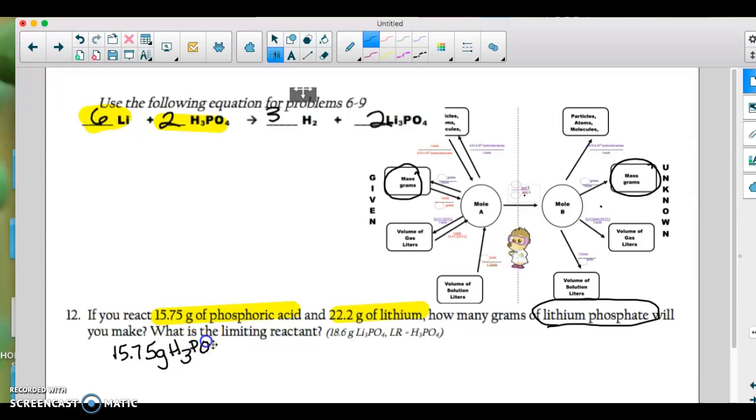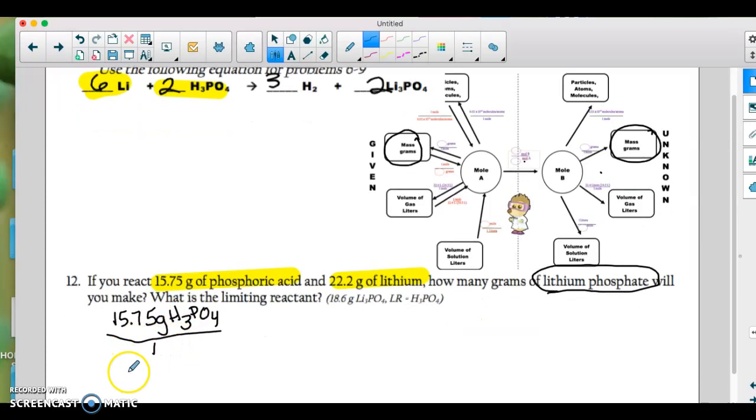I'm going to take my phosphoric acid, and I'm going to take my lithium, and I'm going to convert each of them to, at the end, grams of lithium phosphate. So that's my goal.